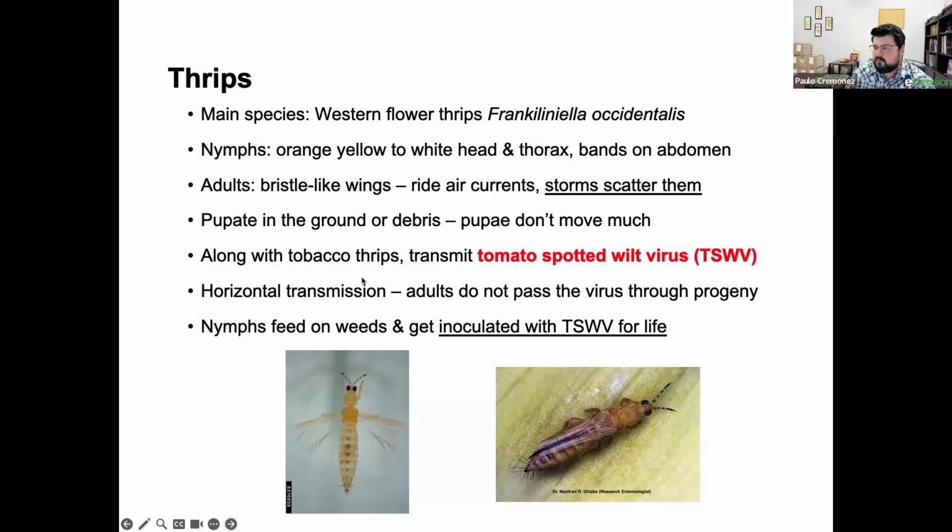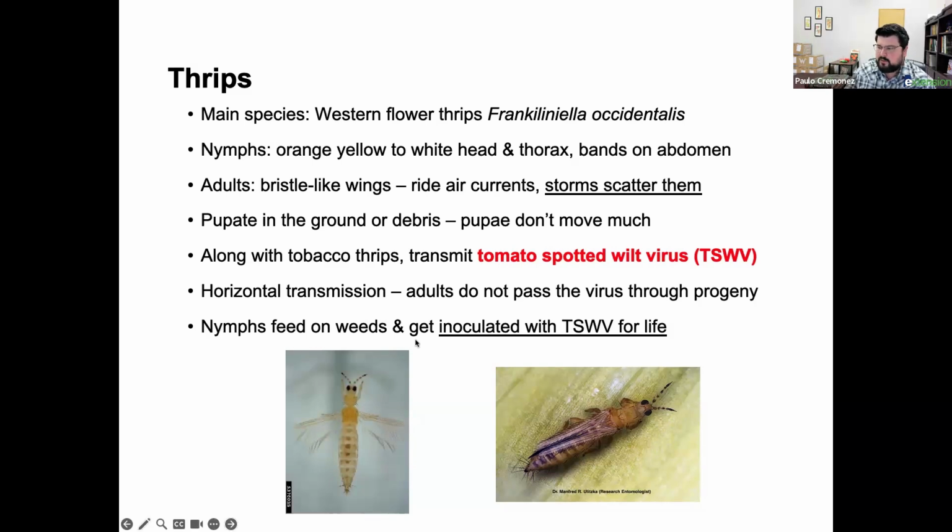Tobacco thrips also transmit a disease called tomato spotted wilt. This is transmitted by the virus, tomato spotted wilt virus, which happens by horizontal transmission. So only from plant to thrips and thrips to plant, not through the progeny.